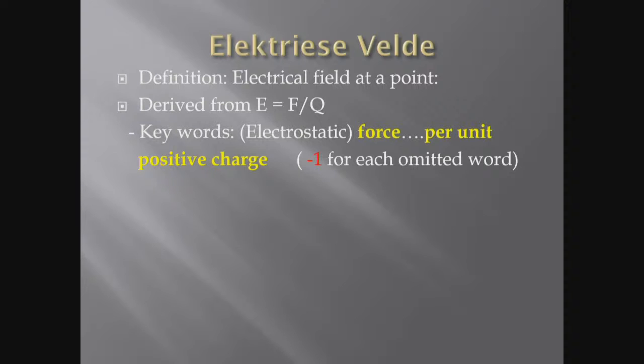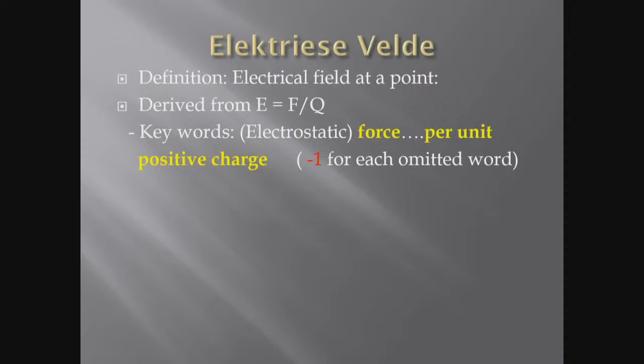So these highlighted phrases or words are the crucial part of the definition. The force experienced per unit positive charge. For each of these words omitted, if you even omit the word per, because that has a definite meaning, that per unit positive charge.